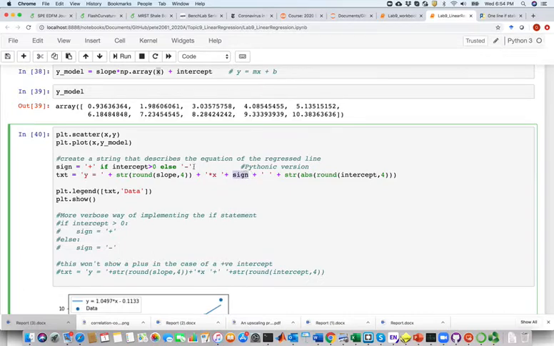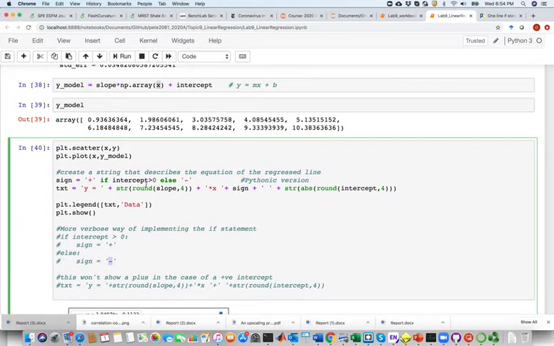Now that's why you have all of this, which is Pythonic. This Pythonic expression is the same as this, right? If the intercept is greater than 0, store plus as the sign. Otherwise, store minus. The reason is because if you don't do that, the intercept doesn't come with a plus, right? If the intercept is positive, it just shows up.